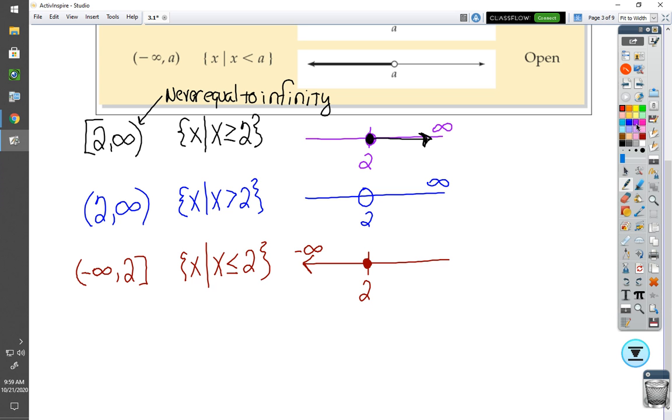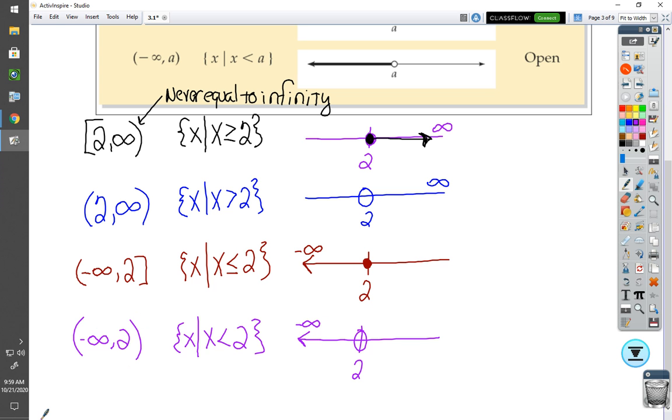So because it went to open hole, now the 2 is not included. It's still heading in this direction towards negative infinity. It still has an x such that now x is simply less than 2. No equal sign anymore. You can't have a bracket and an open hole mixed up. They have to be the same. I'm still going to negative infinity as my small number. I'm still going to 2 as my big number, but now I don't include my 2. All 3 of those things say the same thing.